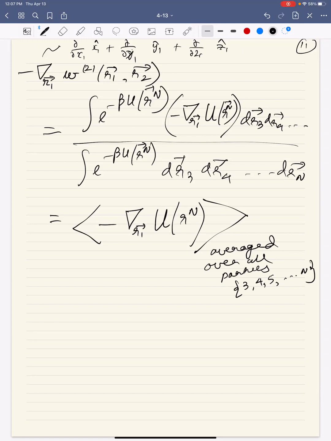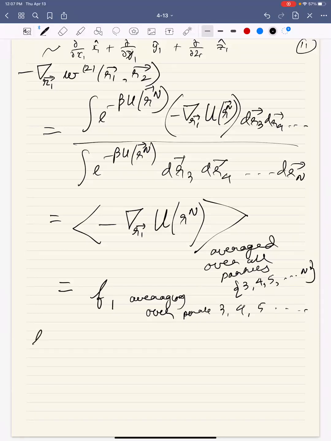So what have we shown here? Anytime you have the derivative of a potential, that's a force, right? That's how we get forces. So what is this? This is the force experienced by particle number 1, averaging over particles 3, 4, 5, and so on.